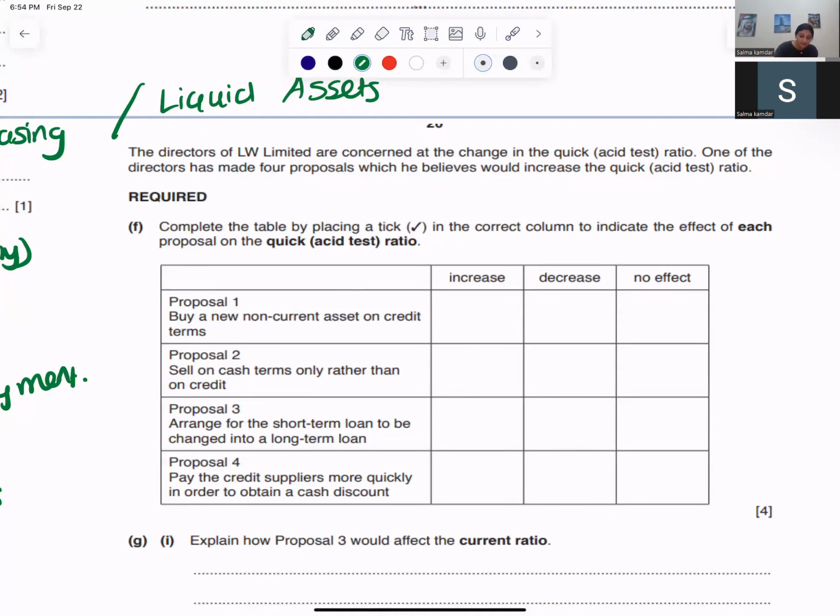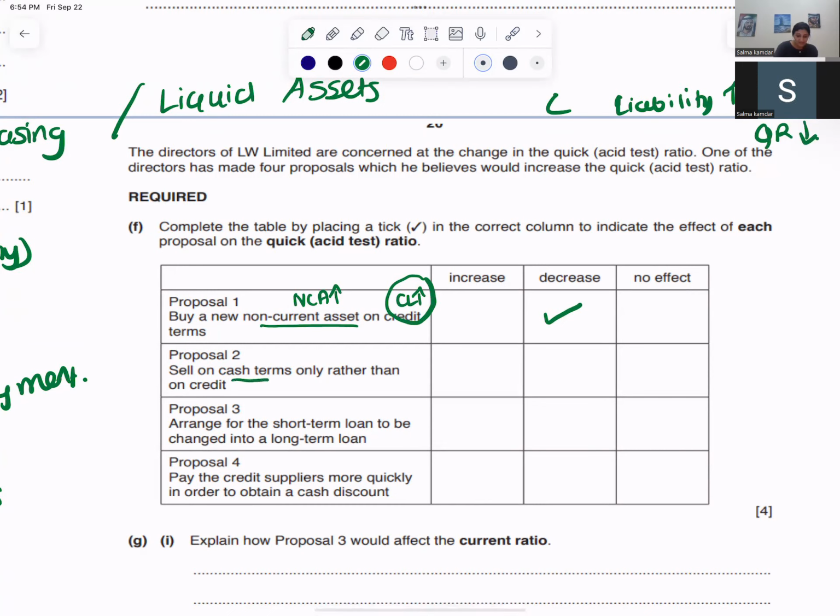If I buy a non-current asset on credit, that means the non-current asset would increase and my current liability would also increase. If liability increases, the quick ratio will decrease.